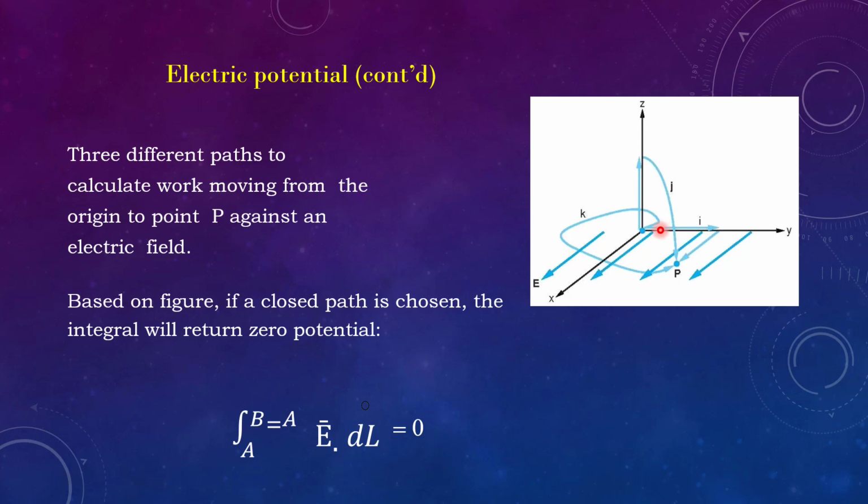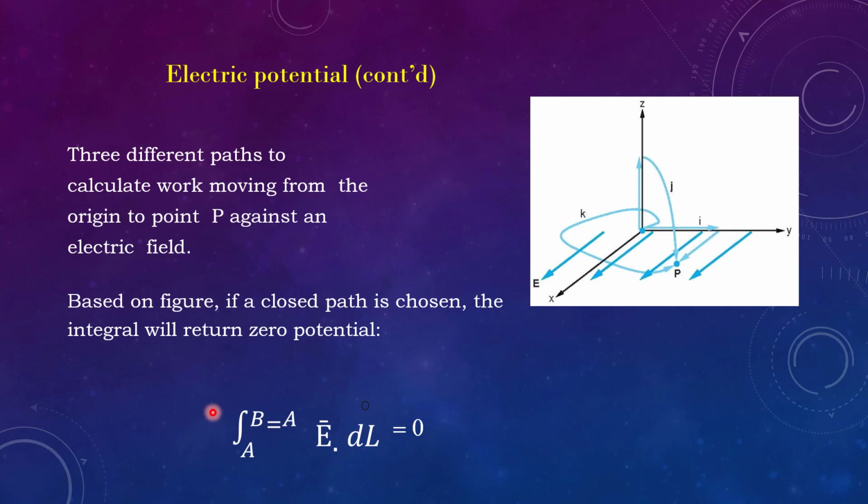But suppose you move from the origin to point P and again you come back from point P to the origin. If the path gets completed, meaning it becomes a closed path, then the dot product of E bar and dl bar integrates to 0, because moving from one point to another there is a positive work done, and moving back from the end point to the starting point is again a positive work done, so they cancel each other.